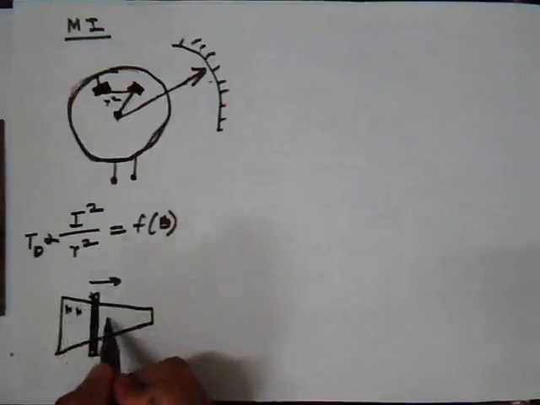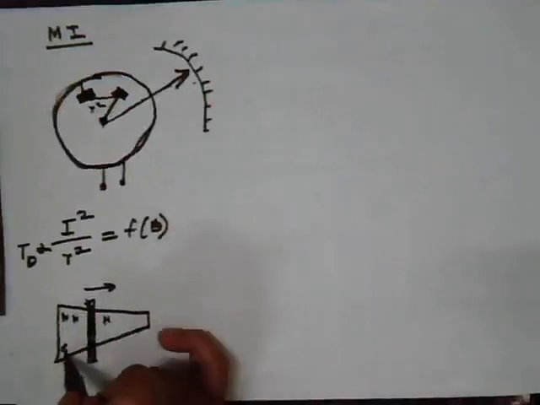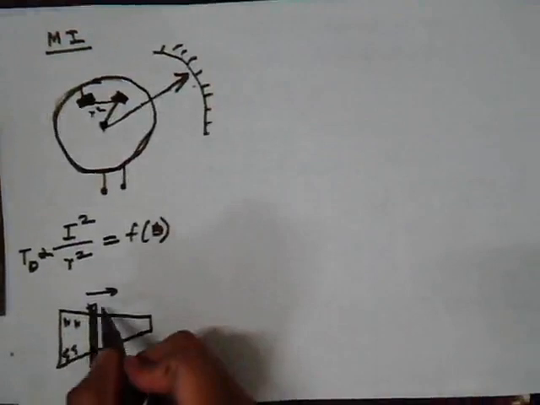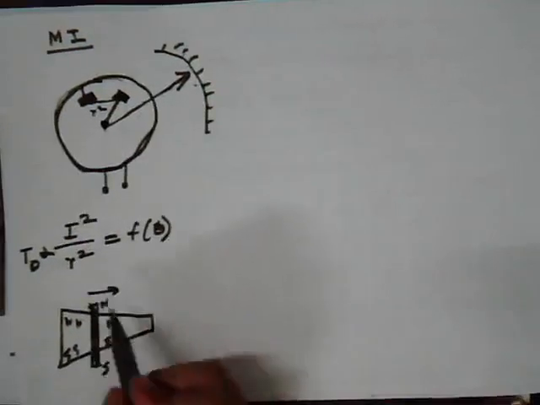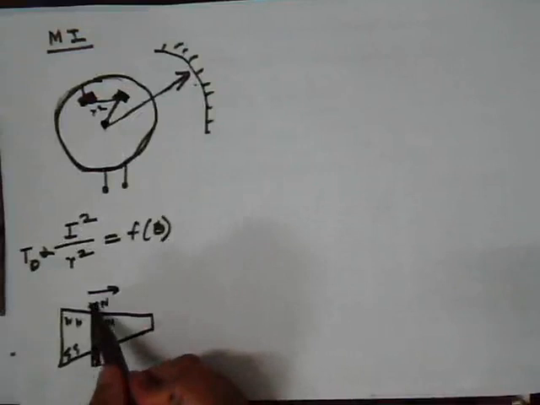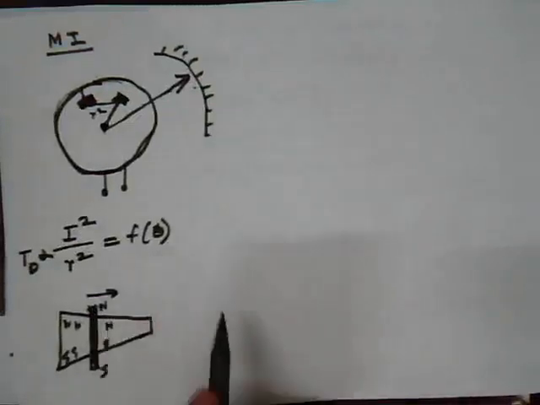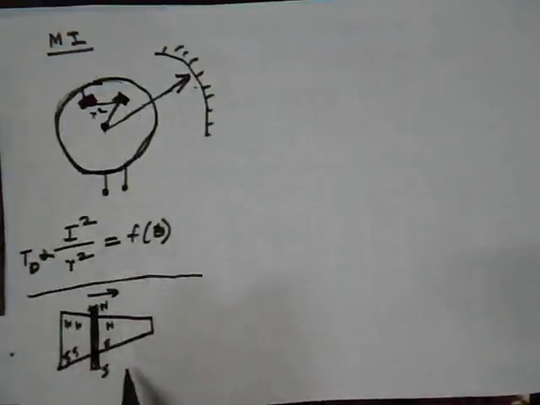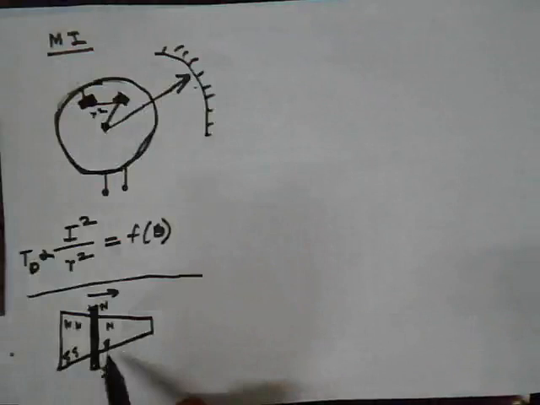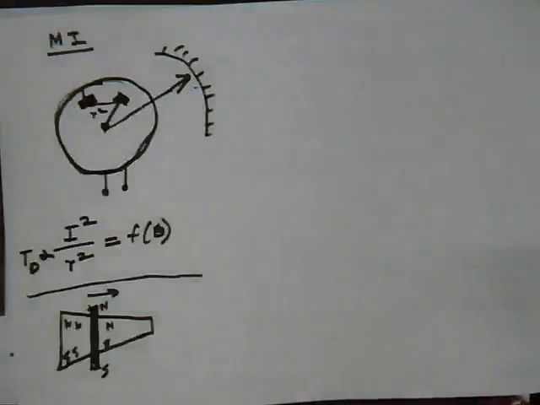So for example, if it is magnetized like this, N and S, and this bar is also magnetized like N and S, then they repel, and this bar is forced to move rightwards. So this construction can be argued to have a deflecting torque which is less dependent on the position of the bar. So ideally we want the deflecting torque to be not a function of theta, but yes, it can be a function of theta.